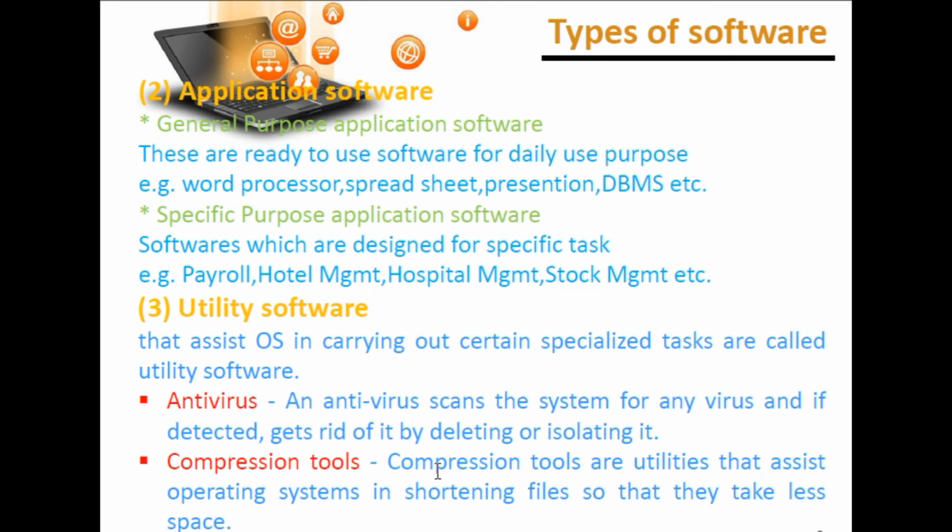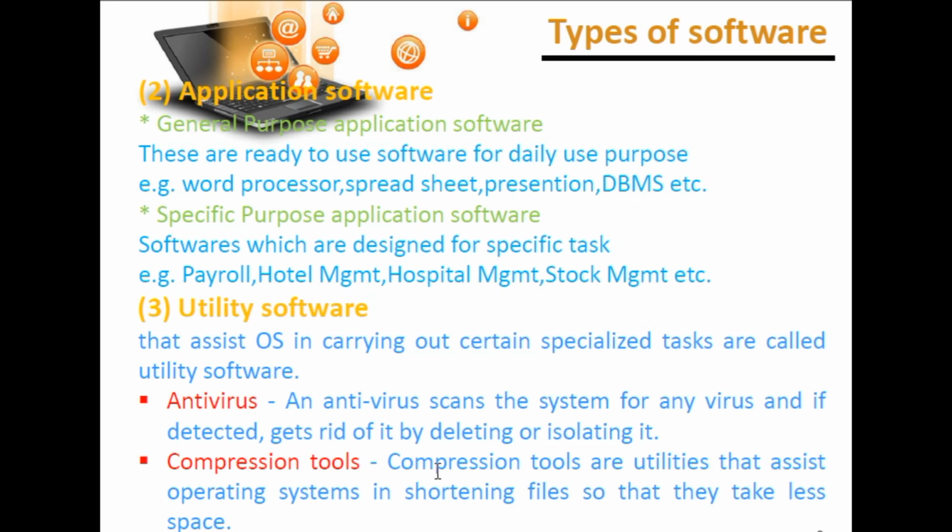Now we are talking about application software, student. There are two types of application software: general purpose application software and specific purpose application software. General purpose application software is ready to use software for daily use.